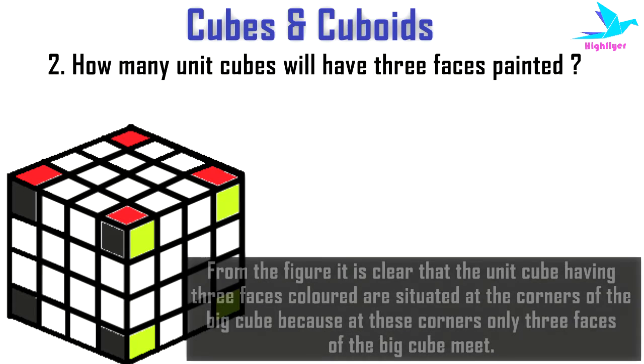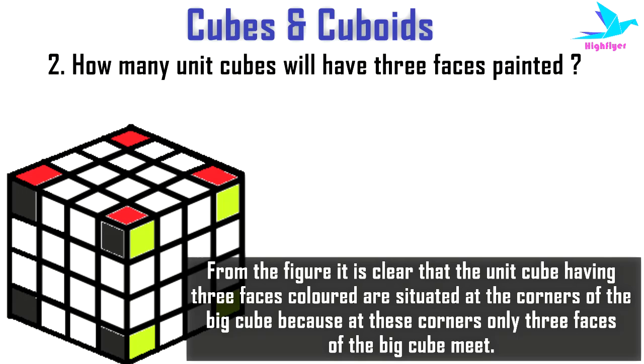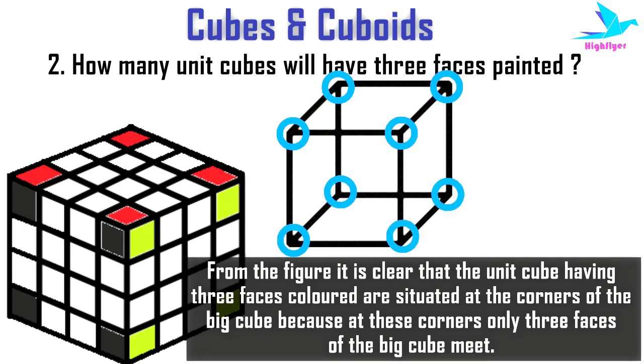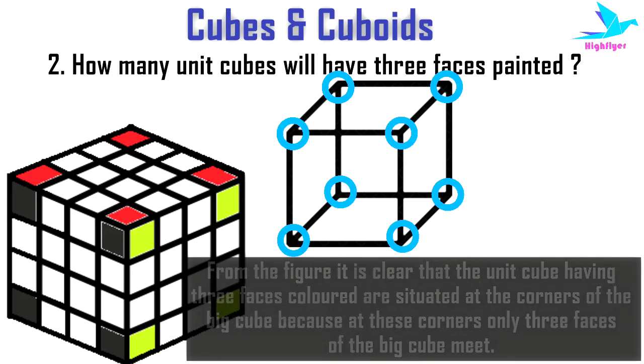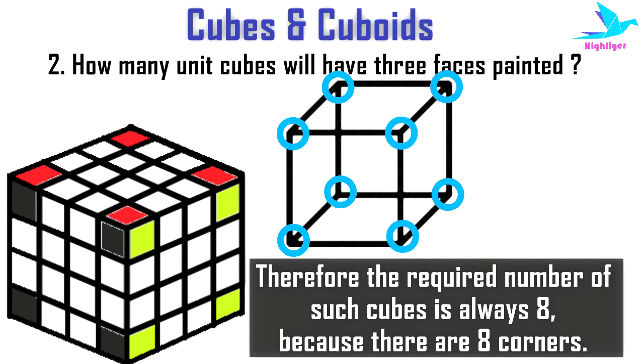From the figure it is clear that the unit cubes having 3 faces colored are situated at the corners of the big cube, because at these corners only 3 faces of the big cube meet. Therefore, the required number of such cubes is always 8, because there are 8 corners in a cube, 4 at the top and 4 at the bottom.